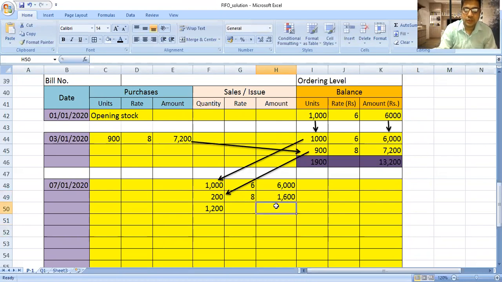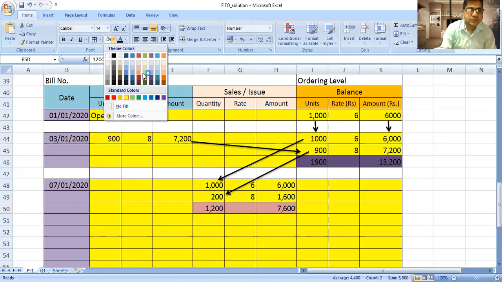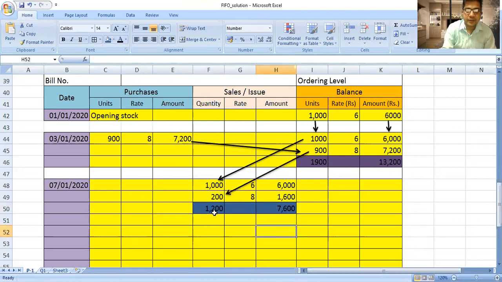Okay, the total sold value is 7600. Now friends, if you see these sold items, I hope you understood. We recorded how many units sold, 1200. Their value is 7600.